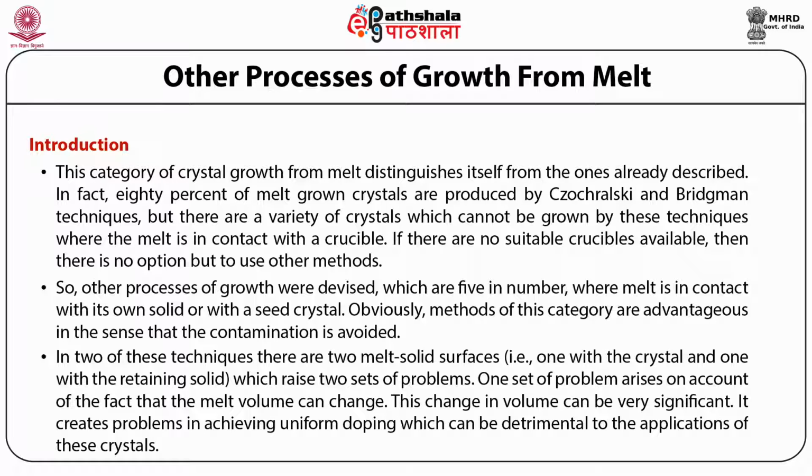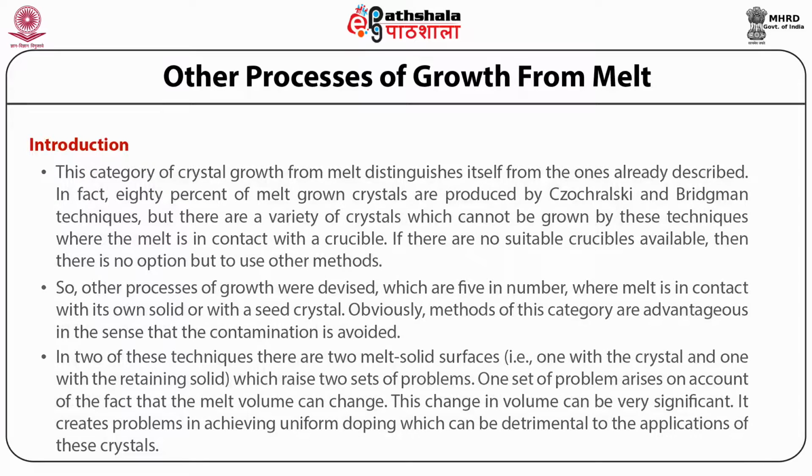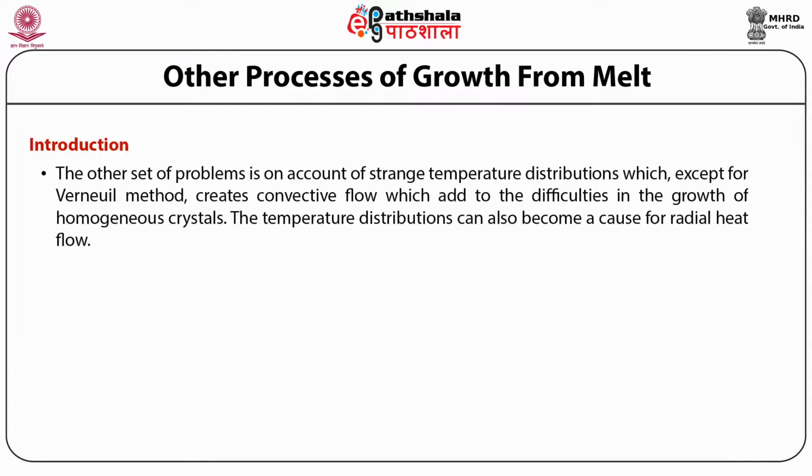This change in volume can be very significant. It creates problems in achieving uniform doping, which can be detrimental to the applications of these crystals. The other set of problems is on account of strange temperature distributions, which, except for the Verneuil method, create convective flow, which adds to the difficulties in the growth of homogeneous crystals.